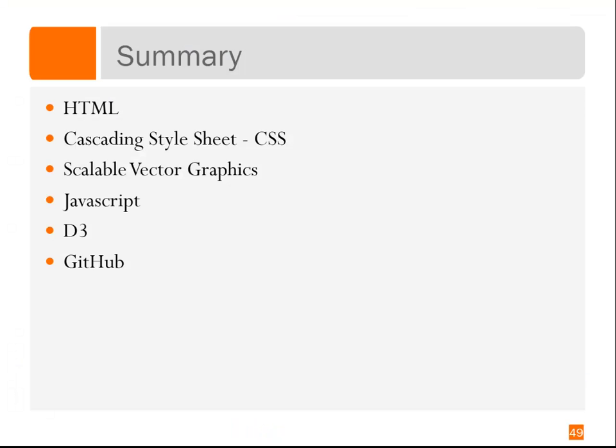So in summary, HTML is the code page framework that we're going to be working in for all these different libraries. The CSS style sheet can apply different styles, colors, fonts for our text or other objects. SVG is going to be our shapes library.